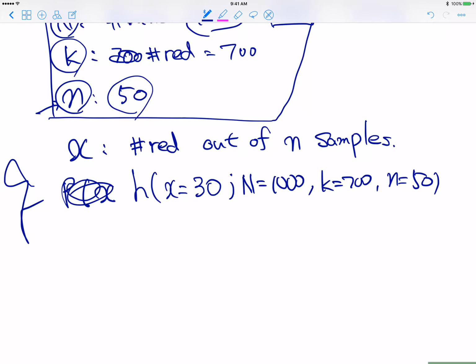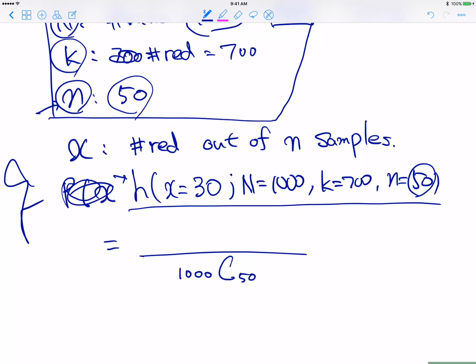So what we have to understand about this probability distribution is that we have to know how to compute the probability in this specific case, and that specific case can be computed in this form. We choose 50 balls out of 1,000 balls, right? So this is all the possible different sets of samples, I mean the 50 samples.